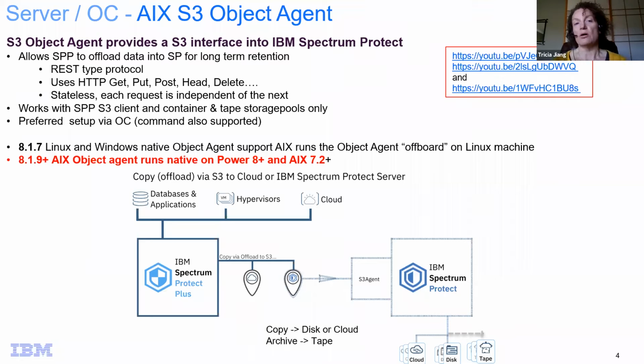So the first one is our AIX S3 object agent. And a couple of releases ago, we introduced in version 8.17 the ability for the Spectrum Protect server to become a receptacle for S3 type of data. This is really kind of cool if you think about all of the data that's being produced out there in an S3 environment, and we want to be able to send that to the Spectrum Protect server to be protected.